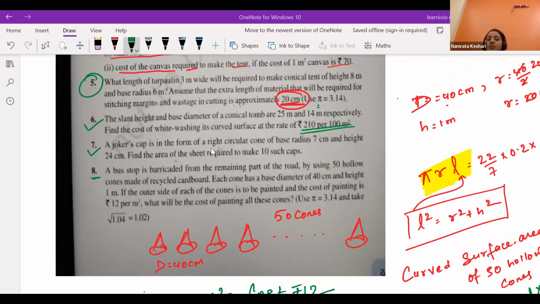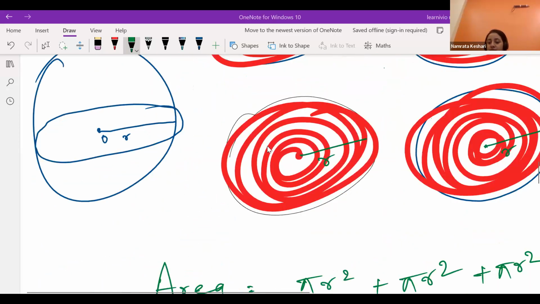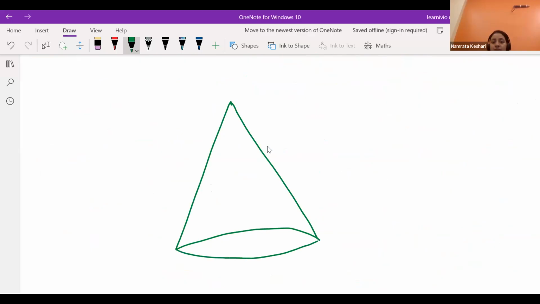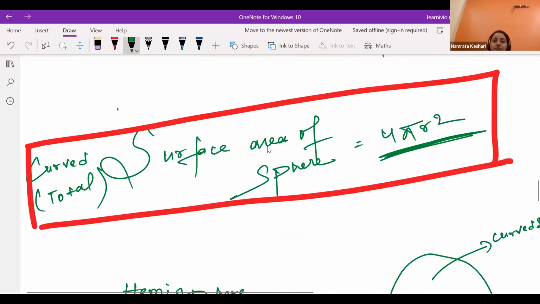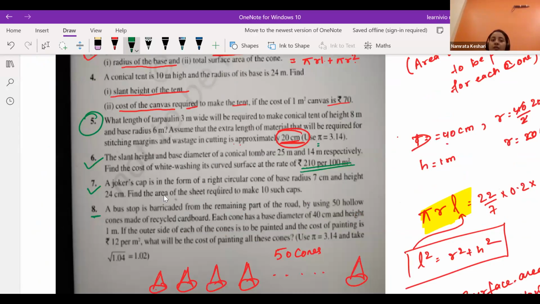A joker's cap is in the form of a right circular cone of base radius 7 centimeter, and height is given as 24 centimeter. Find the area of the sheet required to make 10 such caps.